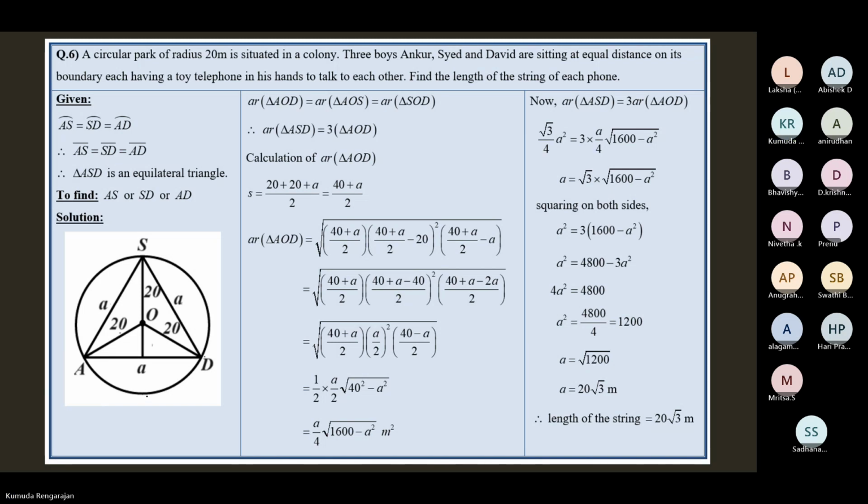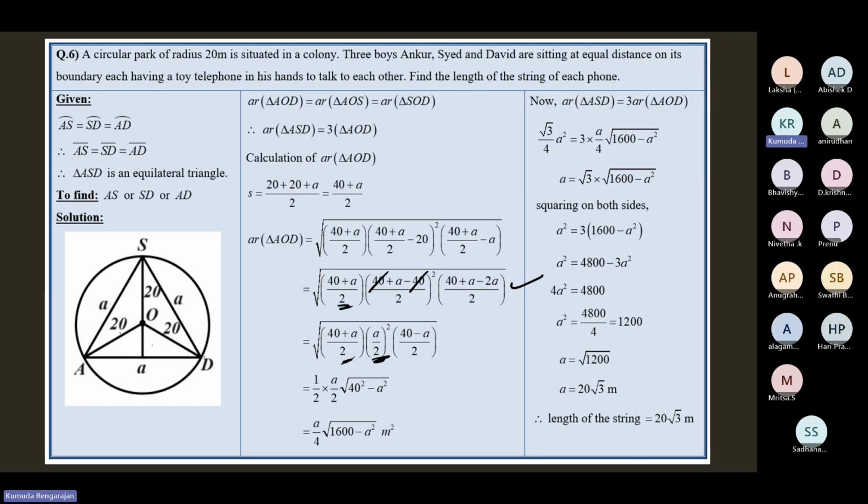After that, common denominator, LCM. So it will become 2 into 20, 40. Here it will become 2A. This step is LCM. Then this one as it is. 40 minus 40 gets cancelled, or 0. So A by 2 the whole square.